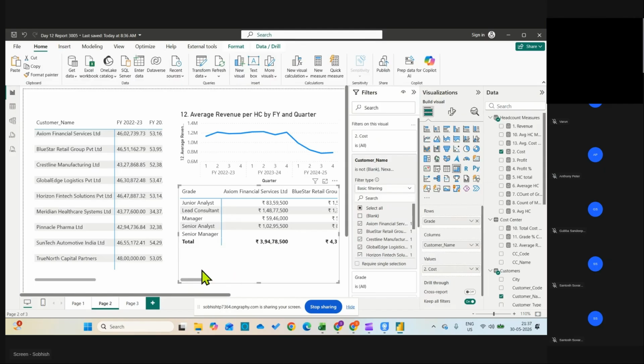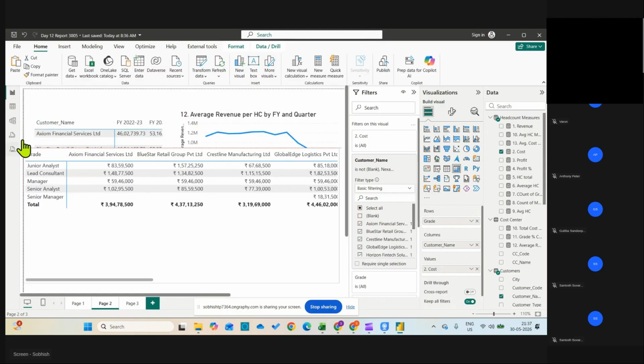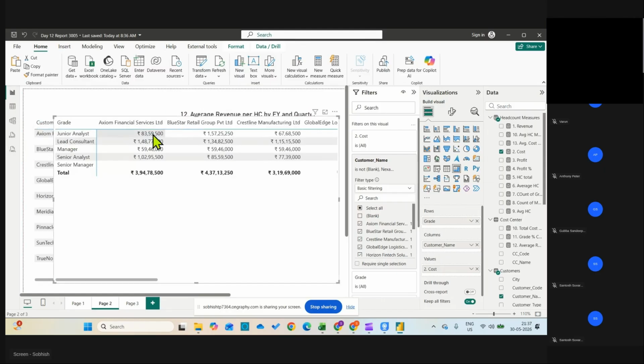Okay, thanks. Yeah, so let's do this. See, what is the problem with this view? It shows the cost here, 83, 148, but it doesn't help us to make any decision, unless we show some percentage, right? So I want to know the mix. Interpretation problem. Exactly.